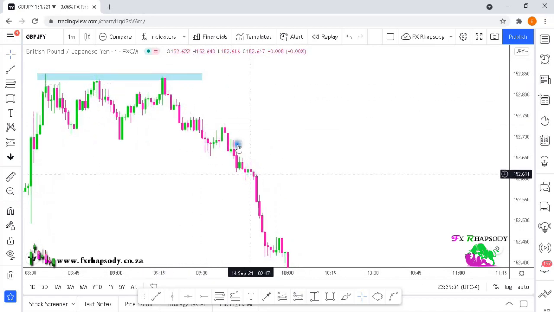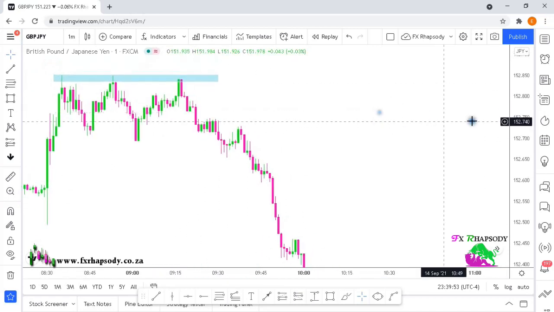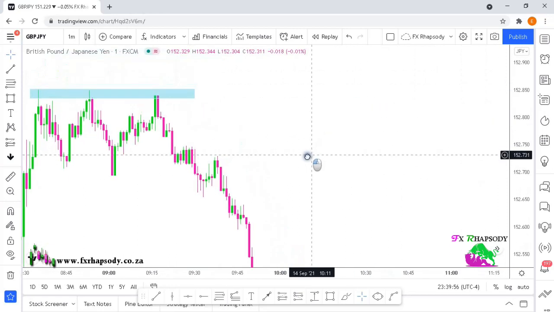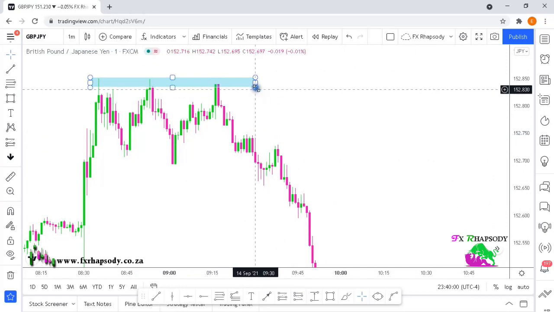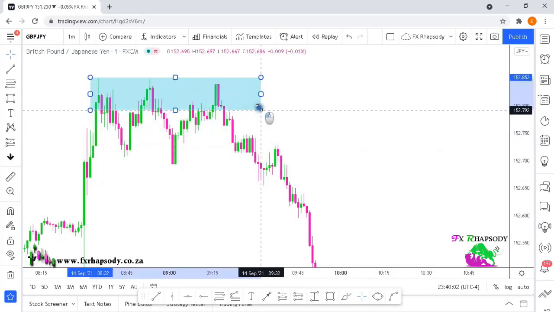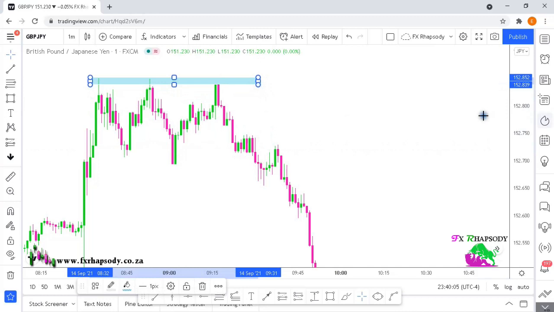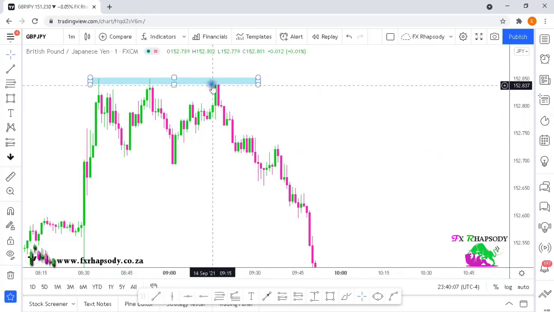Okay, so where do you enter? It's as clear as daylight. You can almost say there was a whole consolidation area. Price moved up, and on the third time it touched and came down.